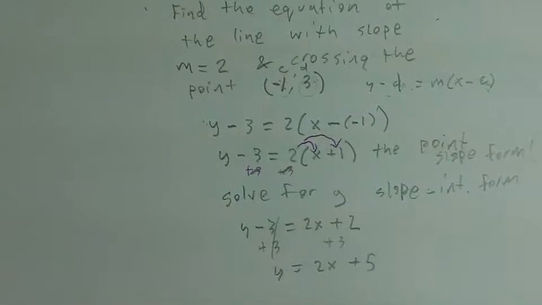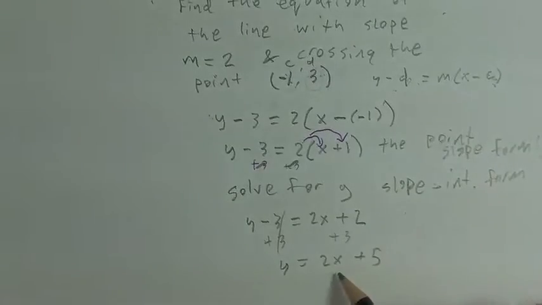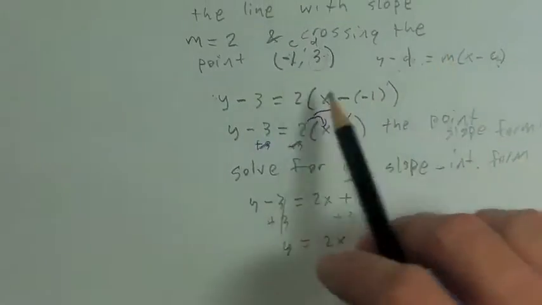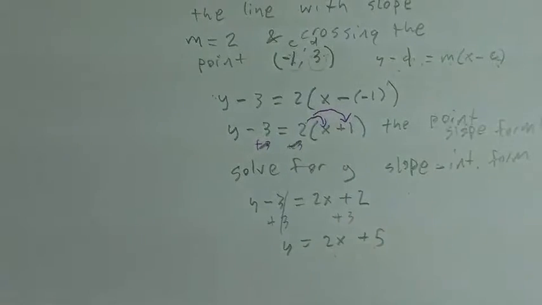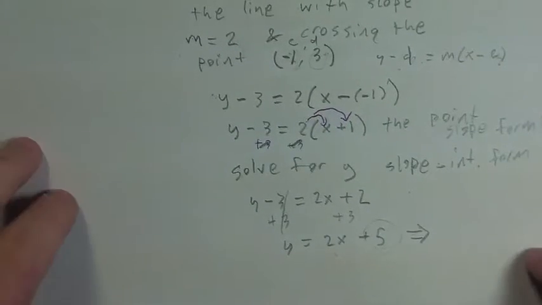So what that means is we already knew the slope. We knew the slope was 2. We were actually given that. We knew the point that we were crossing through, but now we also know the y-intercept, 5. Now this corresponds to the y-intercept.